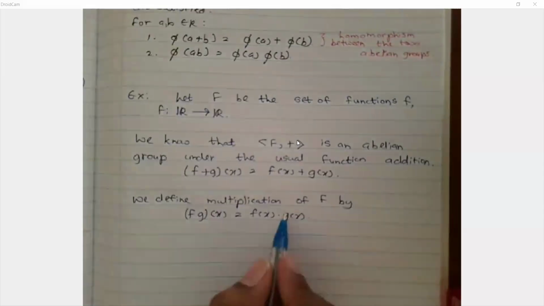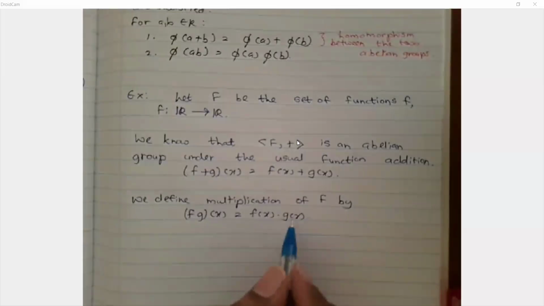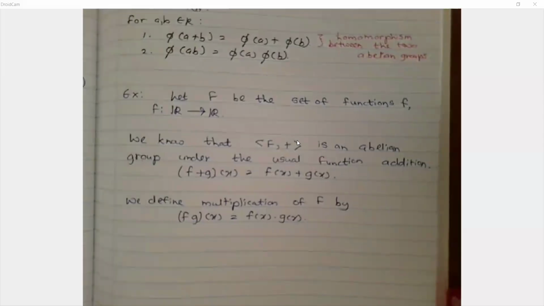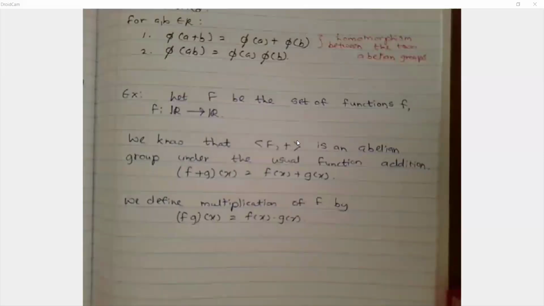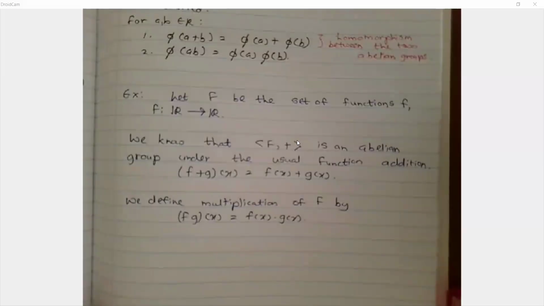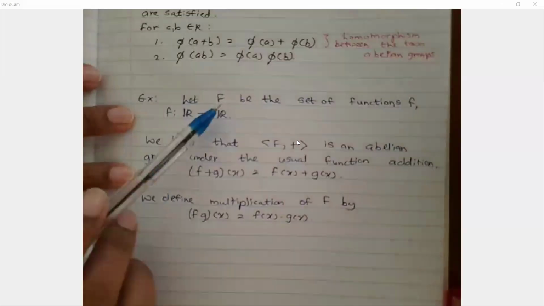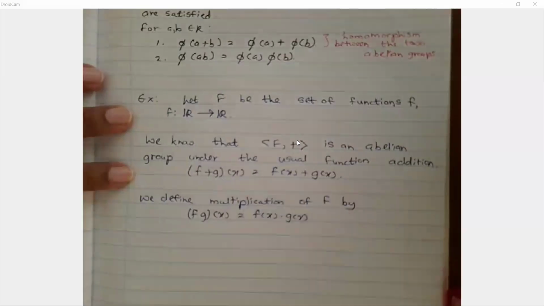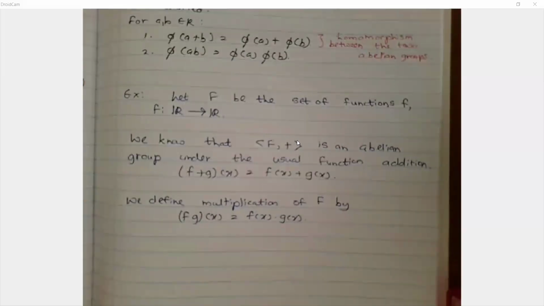So the product that you see over here is the usual product between two real numbers. Okay. Now, before we look at a ring homomorphism, we get onto that example. Let's see that this is indeed a ring under the addition that we already know and this multiplication we just defined. Multiplication is associative, first of all.